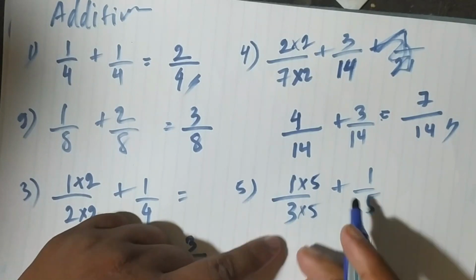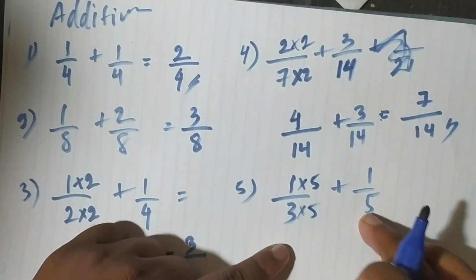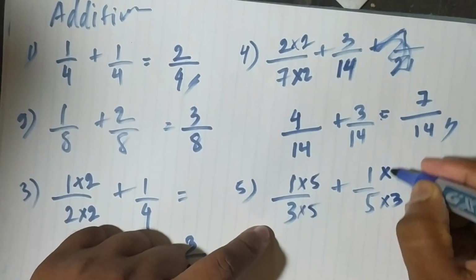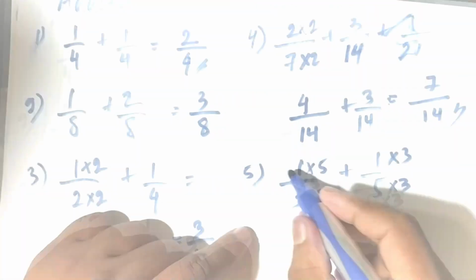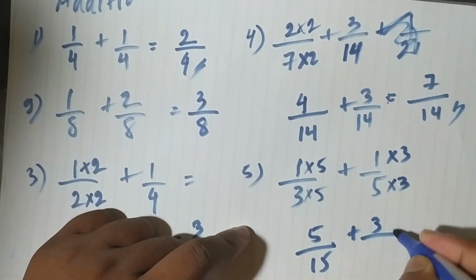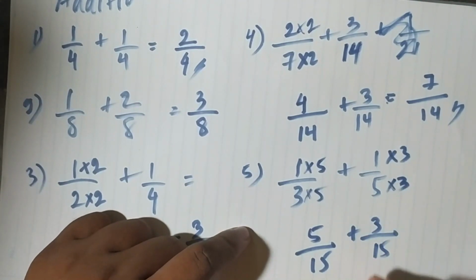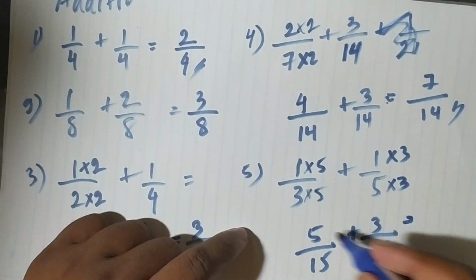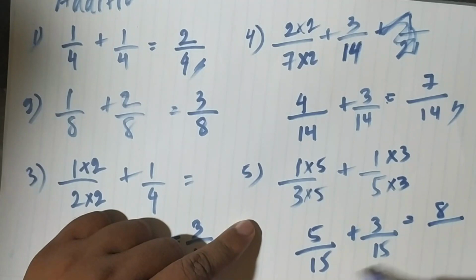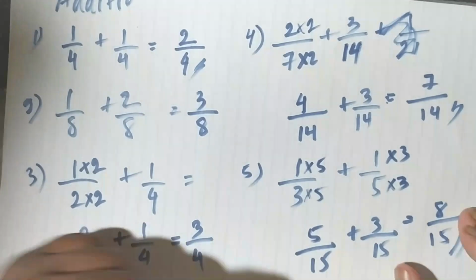So this one I am multiplying by 5, and this one also I should multiply by 3. So 1 into 5 is 5, 3 into 5 is 15, plus 1 into 3 is 3, 5 into 3 is 15. Now the denominators are same, so just you can add the numerators. 5 and 3, 8, and the denominator is 15.